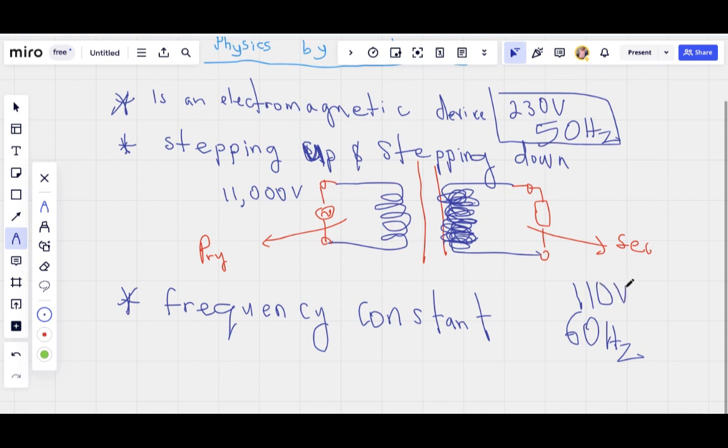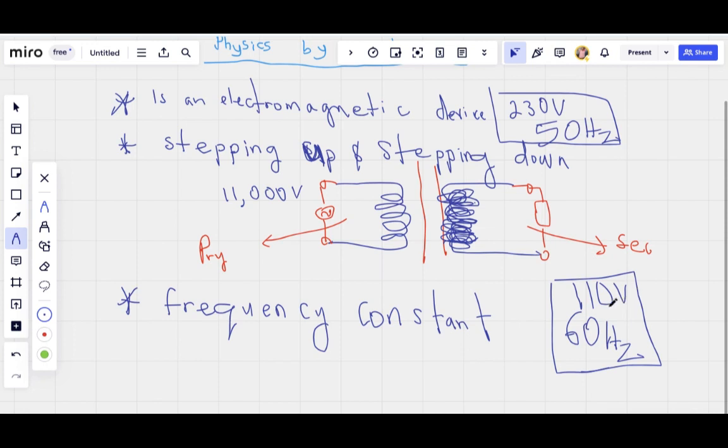Countries like Japan stick with 60 Hz frequency and 110 volts. The UK uses 50 Hz and 230 volts, I think. Most African countries like Nigeria use 50 Hz and 230 volts. Malaysia uses 50 Hz and 230 volts.